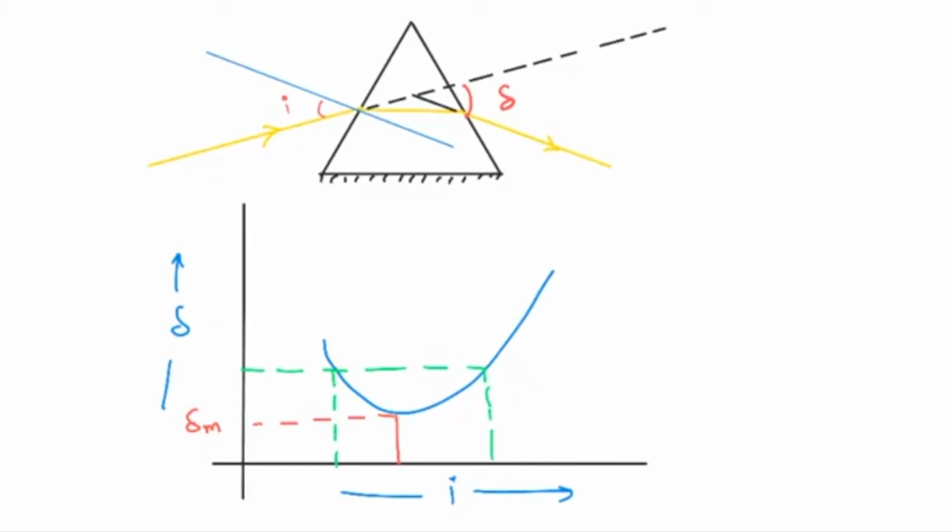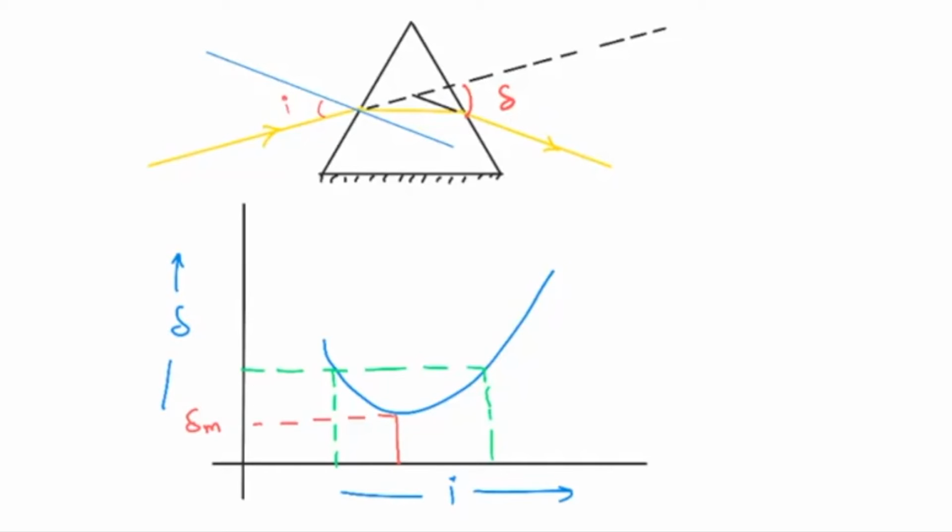Now, when we perform it using the spectrometer, we can make measurements for delta, but for calculating delta, we will also need the incident line. So first you take all the values of delta. This was corresponding to only one color. Every color will give you a different angle of deviation.